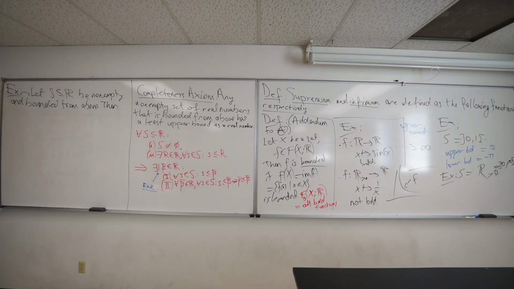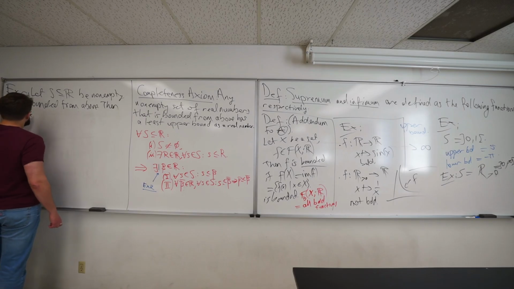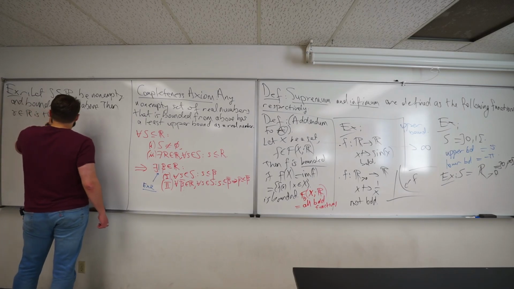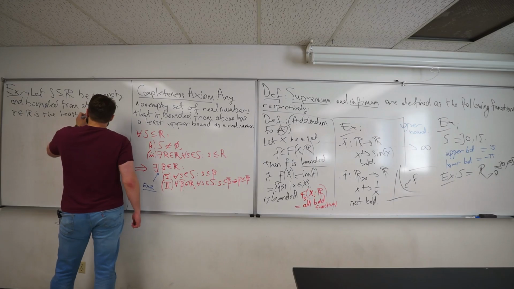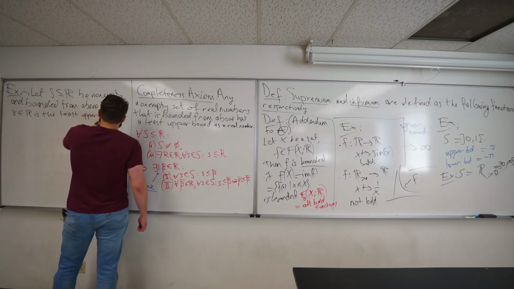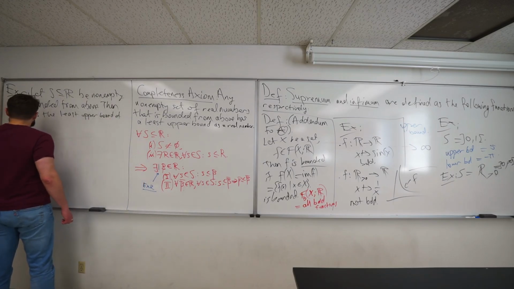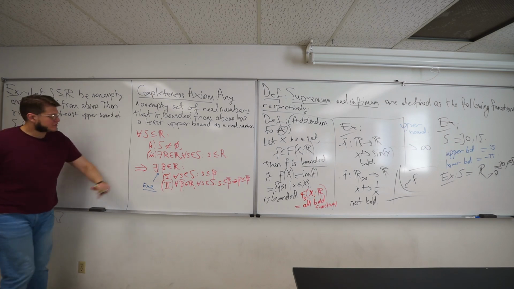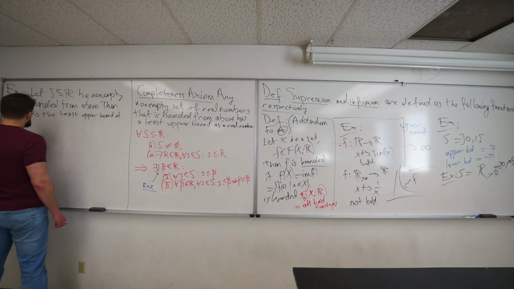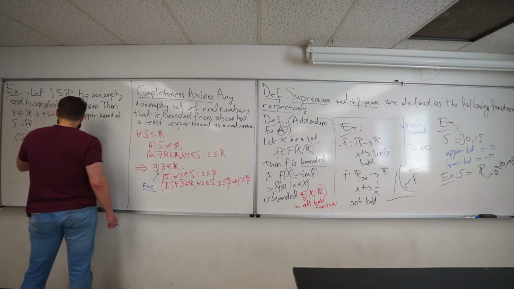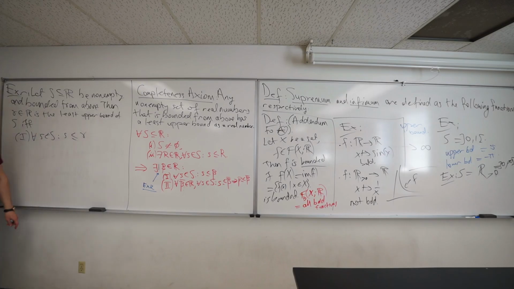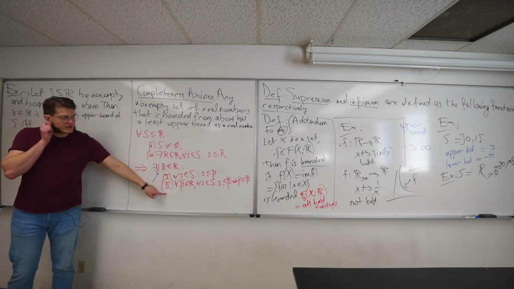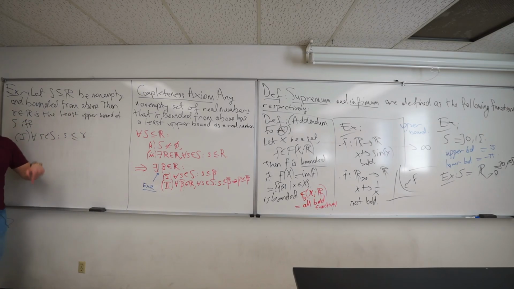Maybe we can use a different letter. Then gamma is the least upper bound of S if and only if, equivalence again. Well, I'm going to keep the first statement: for any s in S, s is less than or equal to gamma. And instead of saying this second statement, what I can say is this. Any number smaller than this gamma fails to be an upper bound.